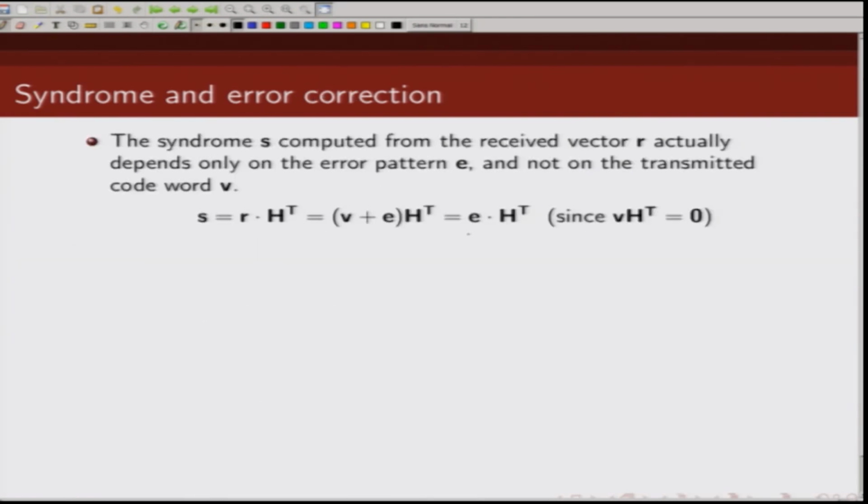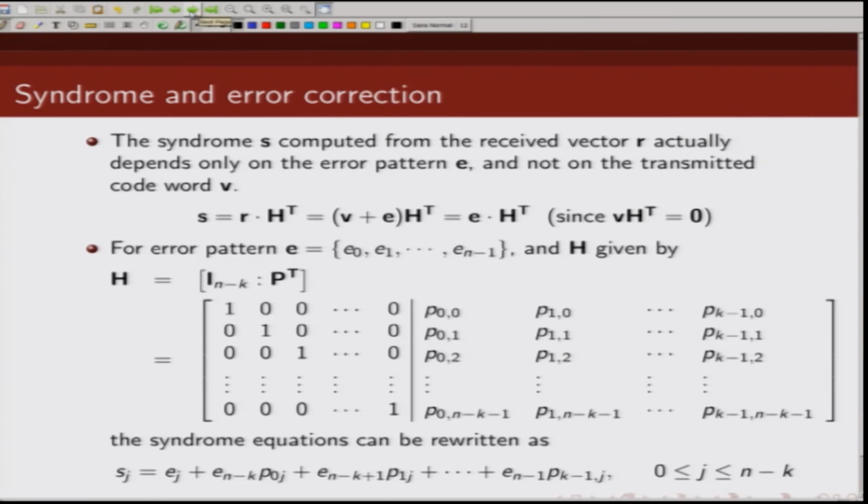As I said, the syndrome only depends on the error pattern, it does not depend on the transmitted code word. And if you have your parity check matrix in a systematic form, then you can write your syndrome equations in terms of your error patterns like this.